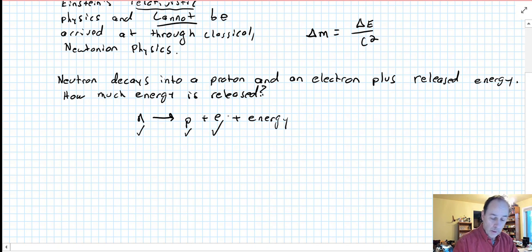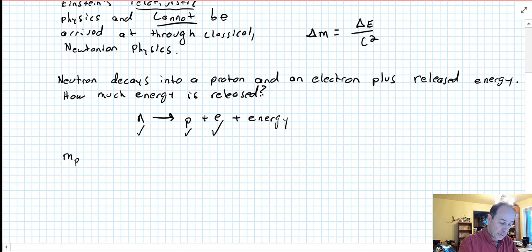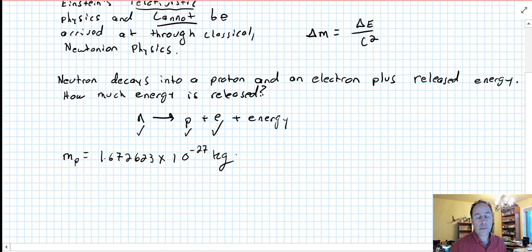So any leftover mass had to be turned into energy. If we look up the mass of a proton, it's this number, and yes, all those digits are significant. And we're keeping kilograms, even though it's a ridiculously small particle, because that's the basic SI unit.